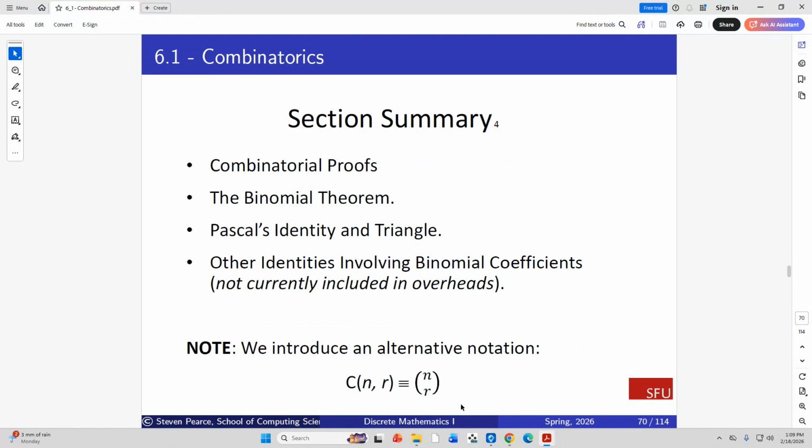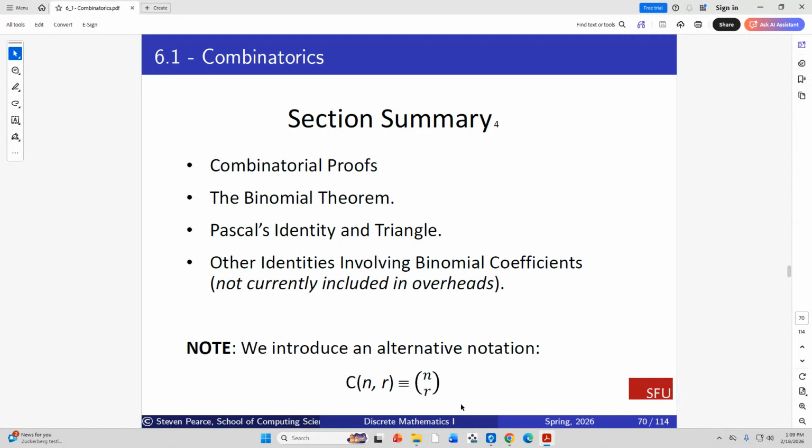Okay, so section summary, we're going to show you a new proof technique. It's called a combinatorial proof. I said this is combinatorics. So there's a way of proving things by counting. We learned that we can count things by direct proof, by indirect proofs, including contradiction, which is the most common proof tactic.